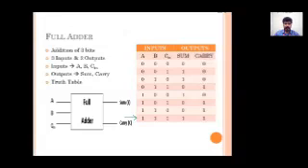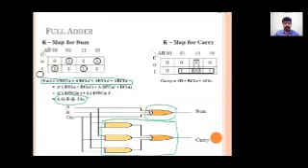Both the inputs and outputs are 1 bit. The full adder circuit has a 3-input XOR gate used to implement the sum, and 3 two-input AND gates and one 3-input OR gate are used to implement the carry output.